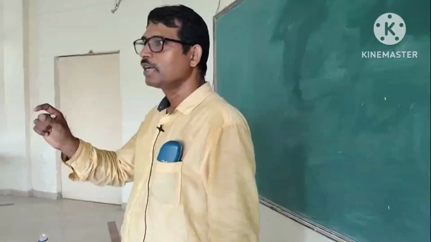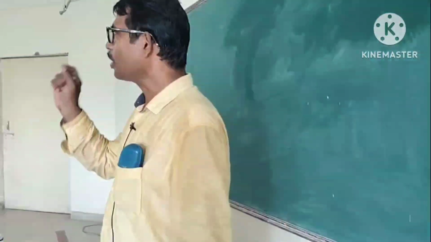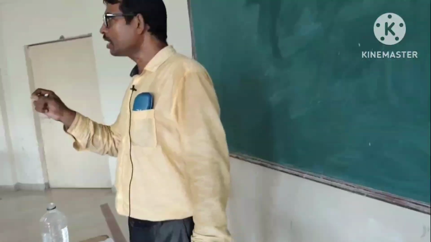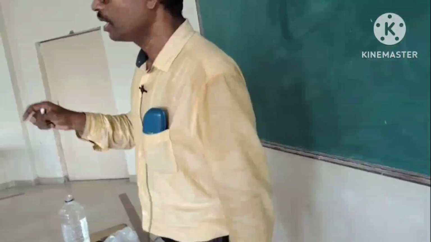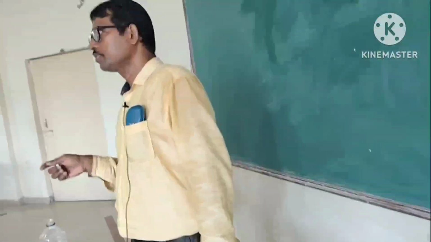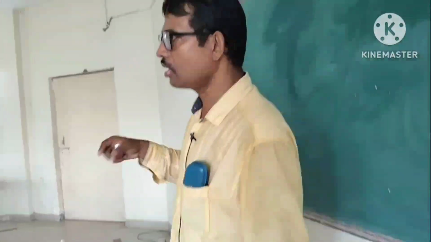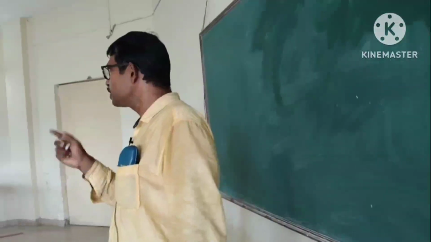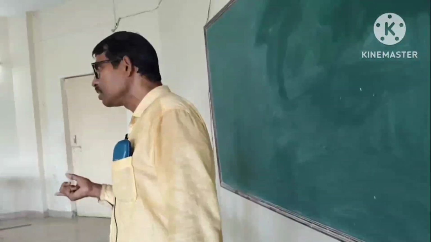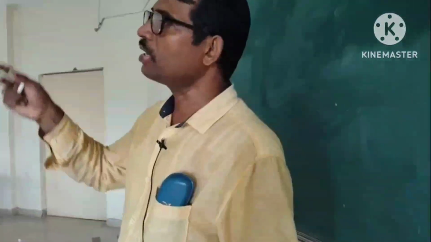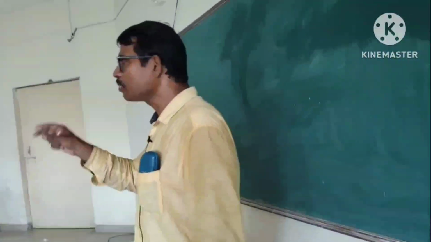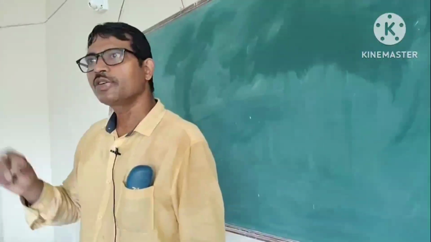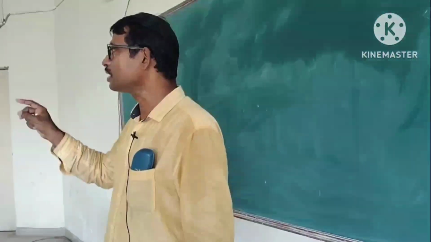For starting, after reading the question, collect the data, then see whether the system of units are in same units or not. Third one is if they are not same units, you have to convert it into same units. Then you have to apply the particular suitable formula, then you calculate. But at last, don't forget to write the units in calculation.